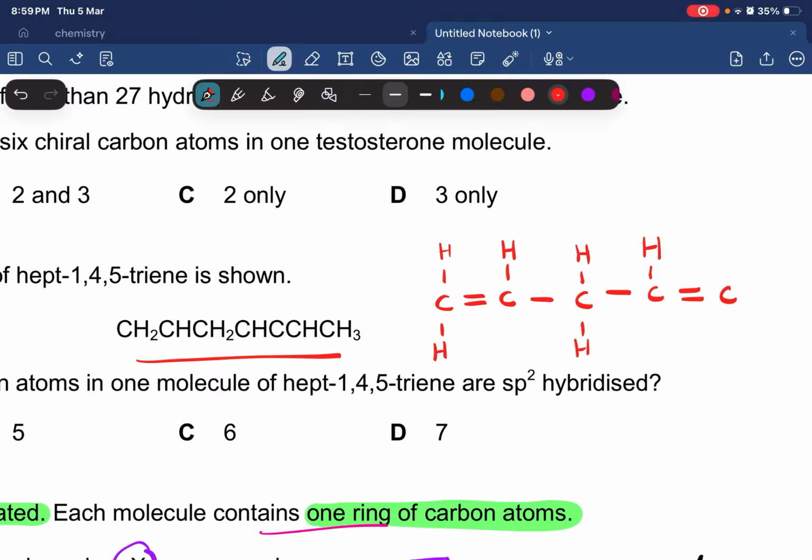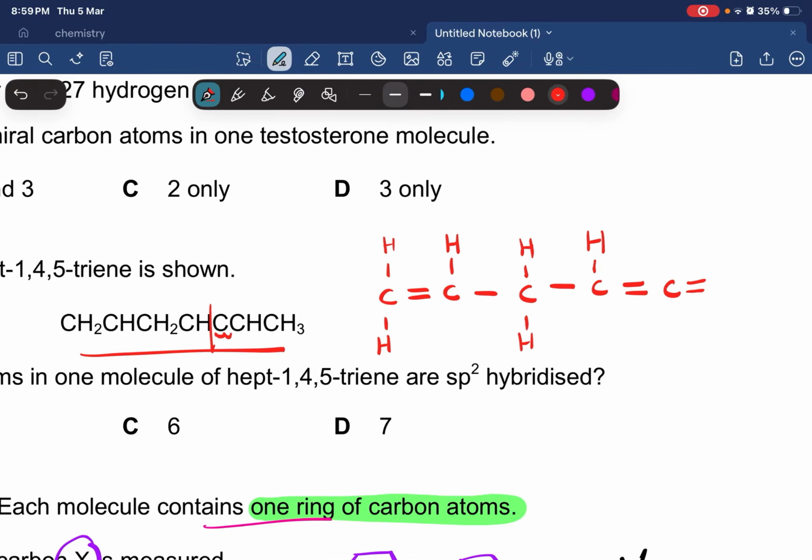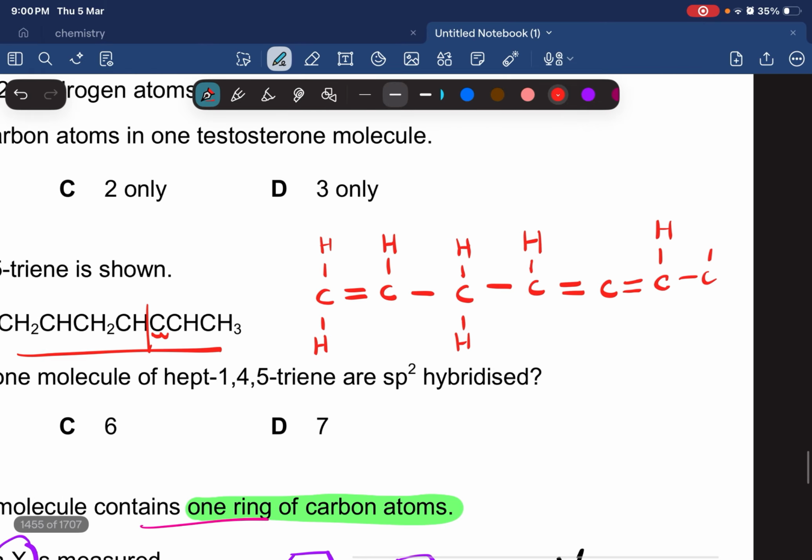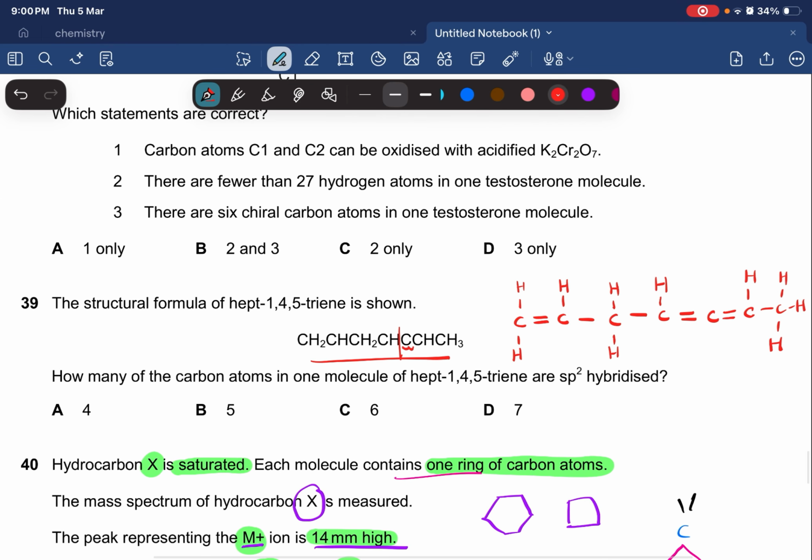CH I've drawn. Then there is a C double bonded to another C, H, and then there is C, H, H, and H. If you don't open it, I don't think anyone can tell without opening it.